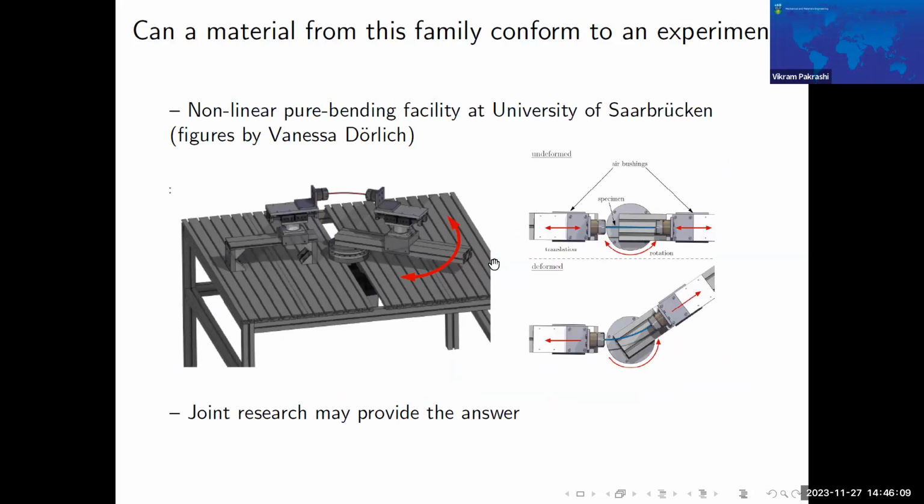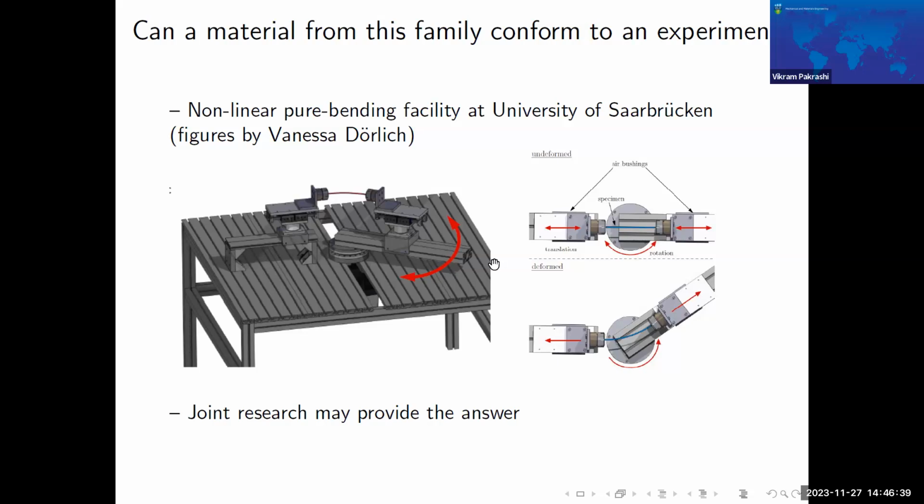It's a facility that exists at the University of Saarbrücken in Germany, from the Fraunhofer Institute in Kaiserslautern, from where the colleague Vanessa Jelenic arrives, with whom we collaborate very closely. So we're trying to establish a contact with them and see whether we can run some experiments that may possibly show the usefulness of these solutions.